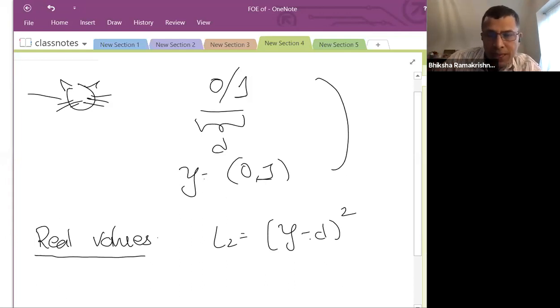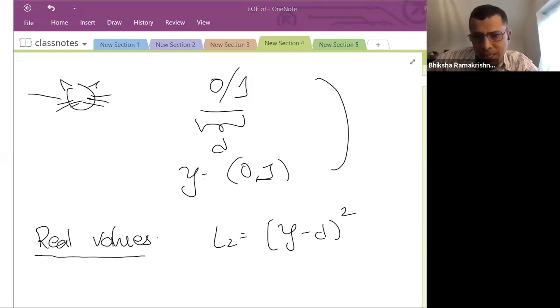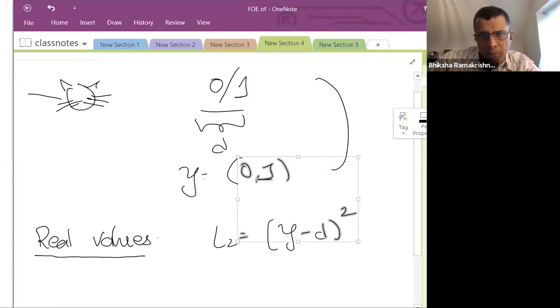But this is missing a very important point. It's missing the point that this is a classification task, and this is really not what we want to be doing. So if you think of this as a probability, look at this guy.